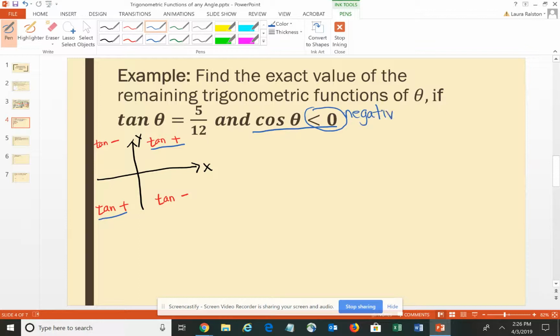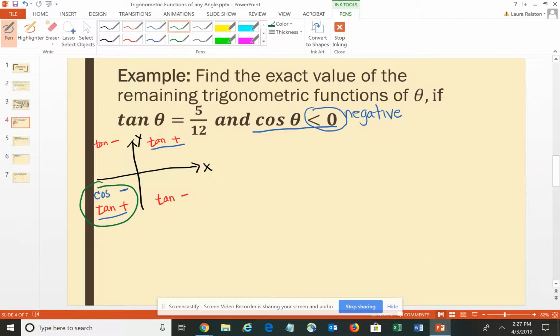So if I think about where would the cosine be negative, and the cosine represents the x-coordinate, the x-coordinate is negative in quadrant 3. So ultimately, this angle that I'm going to find, or the measurements I'm going to find, are going to be in quadrant 3. Okay, so that kind of helps me out from the beginning.